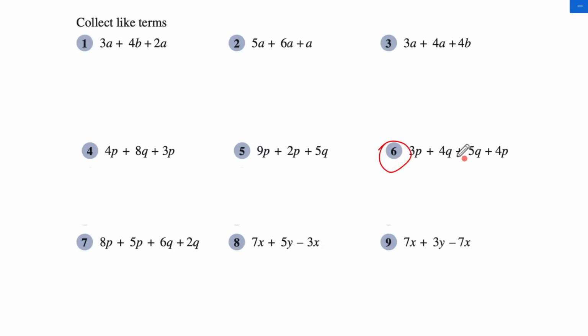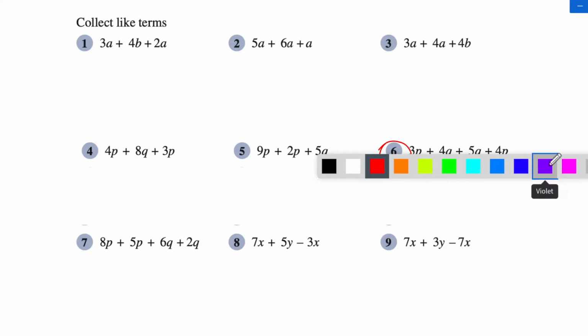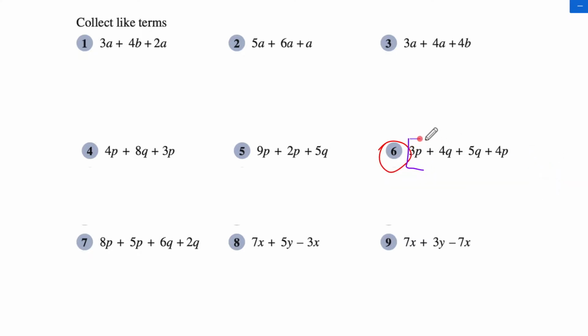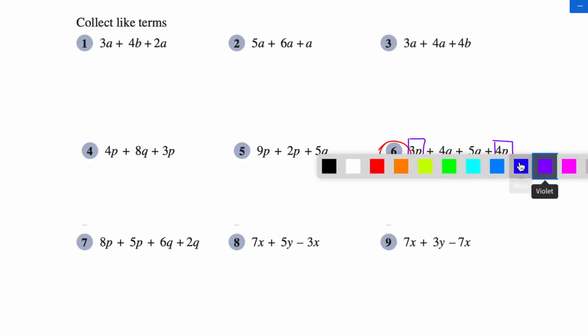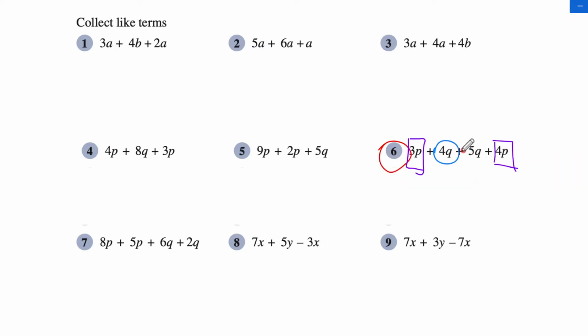Okay, so let's do this one first. I need to collect like terms, so I'm gonna collect the 3p and the 4p. Okay, these are like terms because they have the same letter. And then the other like terms are the 4q and the 5q. And as you can see, they both have plus in front of them. So signs are also very important.